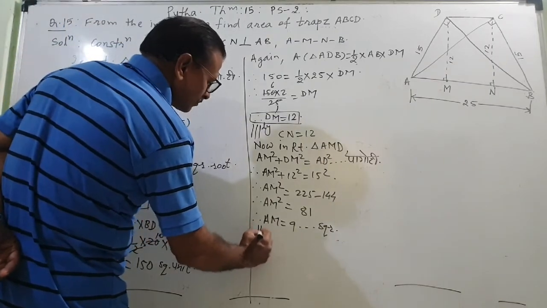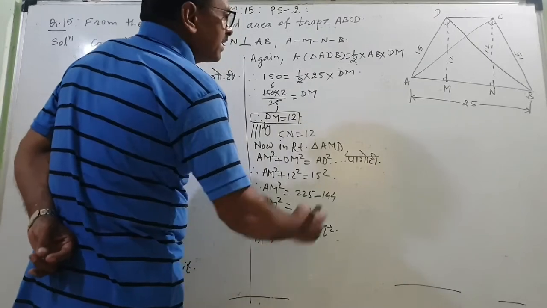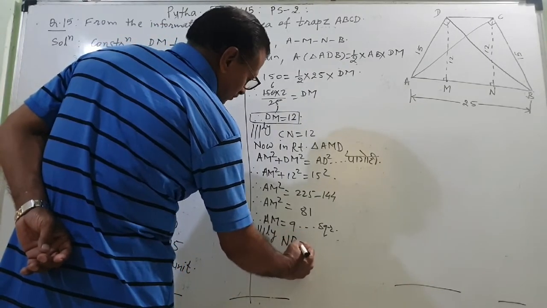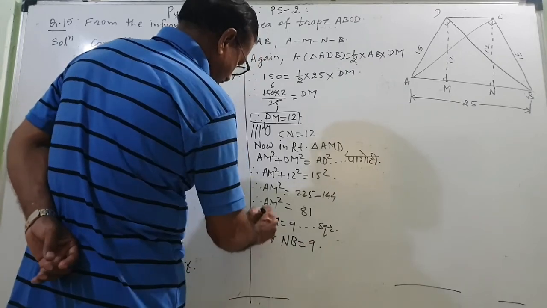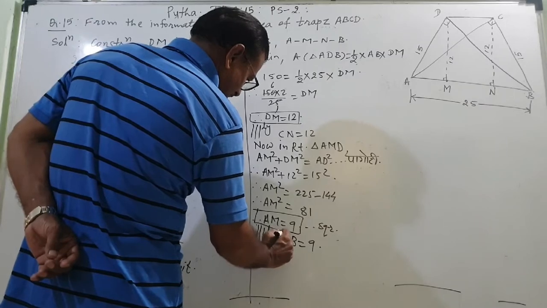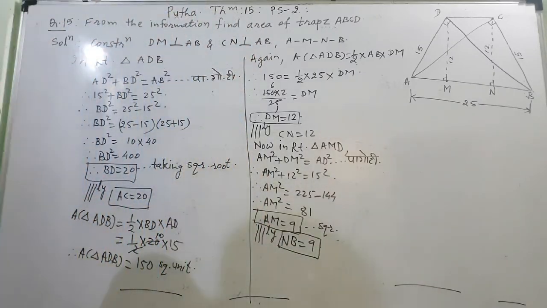Similarly, in CNB, NB equal to 9. This is one another finding. They will be requiring it. That's why I am just putting the brackets to it.